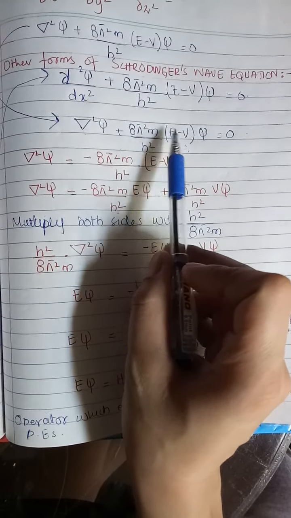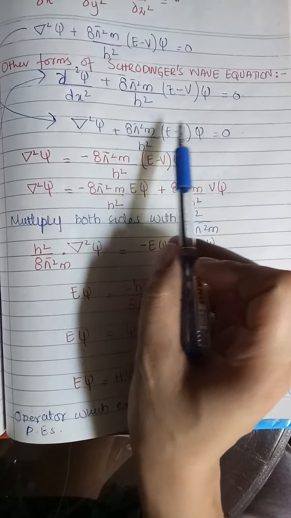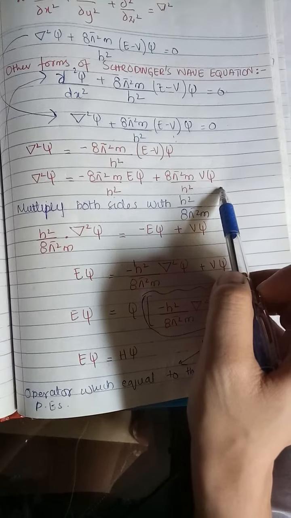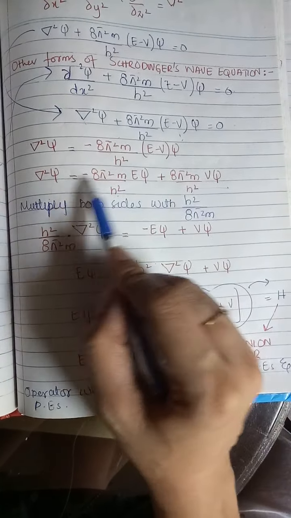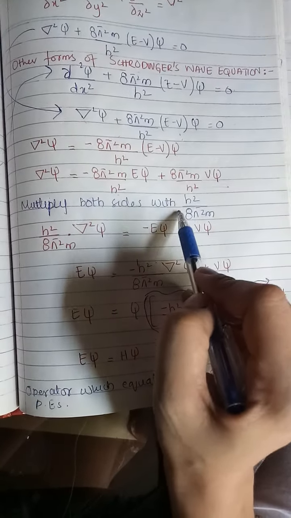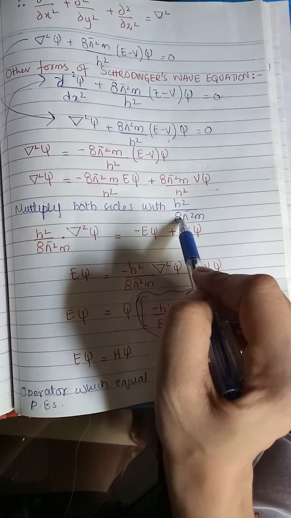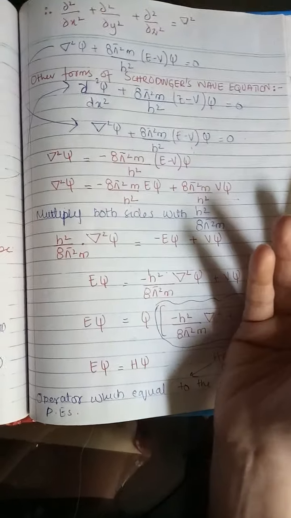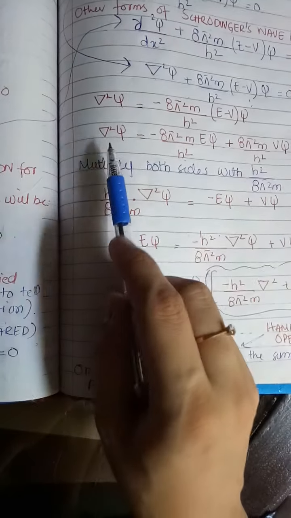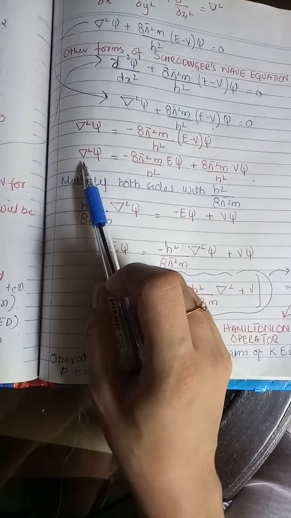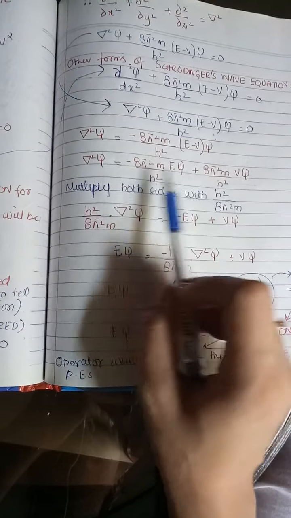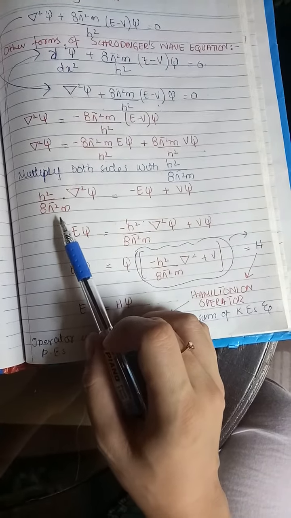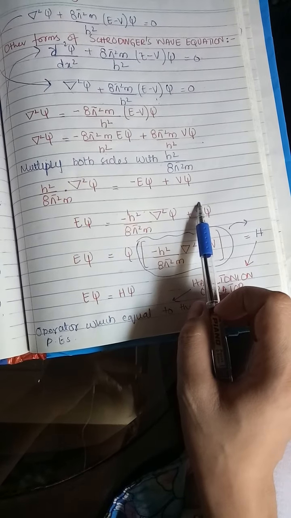Similarly, with the V value, we multiply this and this value. We get this equation. So if we multiply both sides of this equation with h square over 8 pi square m, this whole factor will be cancelled. So if we multiply the above equation with this factor on the right hand side and on the left hand side, we will have finally this equation.